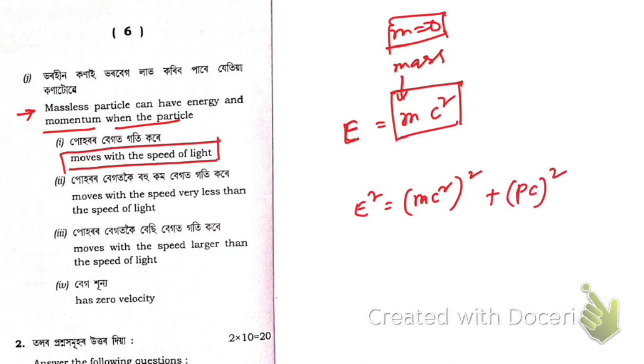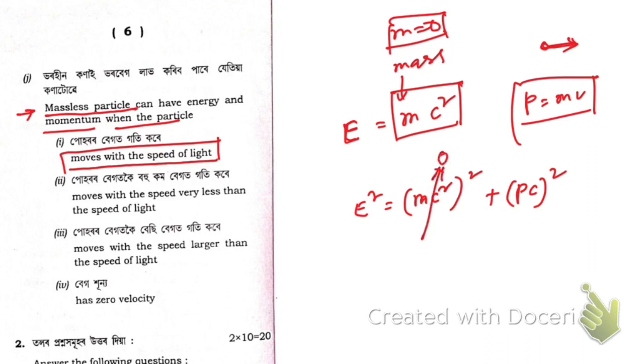Momentum, we know that is m into v, but this is correct only for those particles which are moving much slower than light. So if you consider a massless particle, then the mass is 0, and this term is going to be 0.